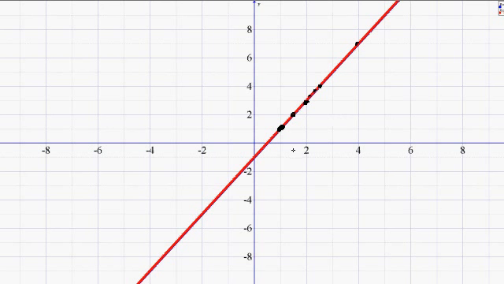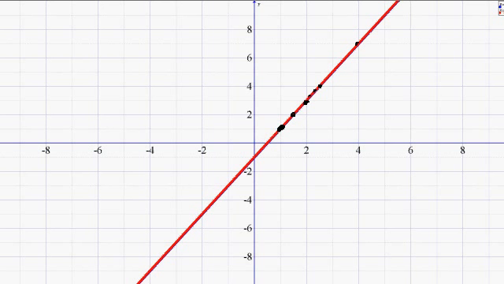Okay, so we can't sit there and write every single point down. We can't write down the point 1, 1, 2, 3, 4, 7, and so on, because then we would have to come back and write down for x is 0, what's y? X is 1/2, what's y?